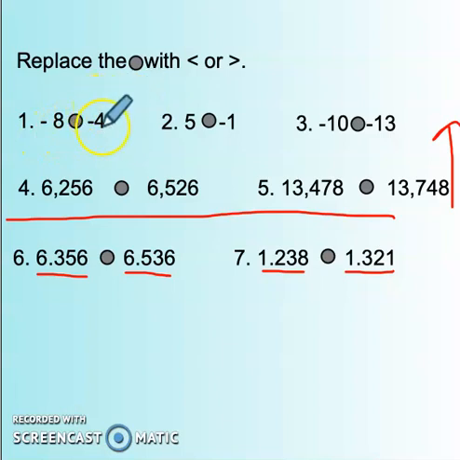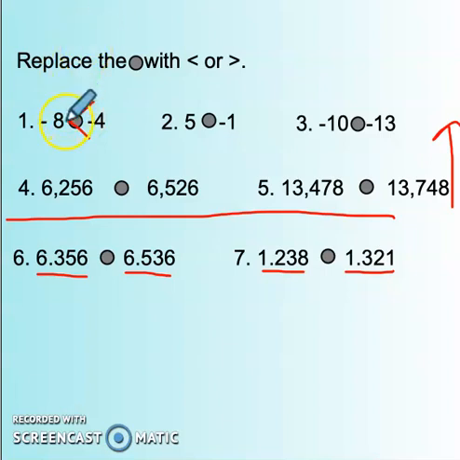And so this -4, I'm almost done with owing, I only owe them $4. So this one is a greater number. And what that means is the mouth is going to face the -4 because it's the greater one. The alligator is going to eat that bigger integer.